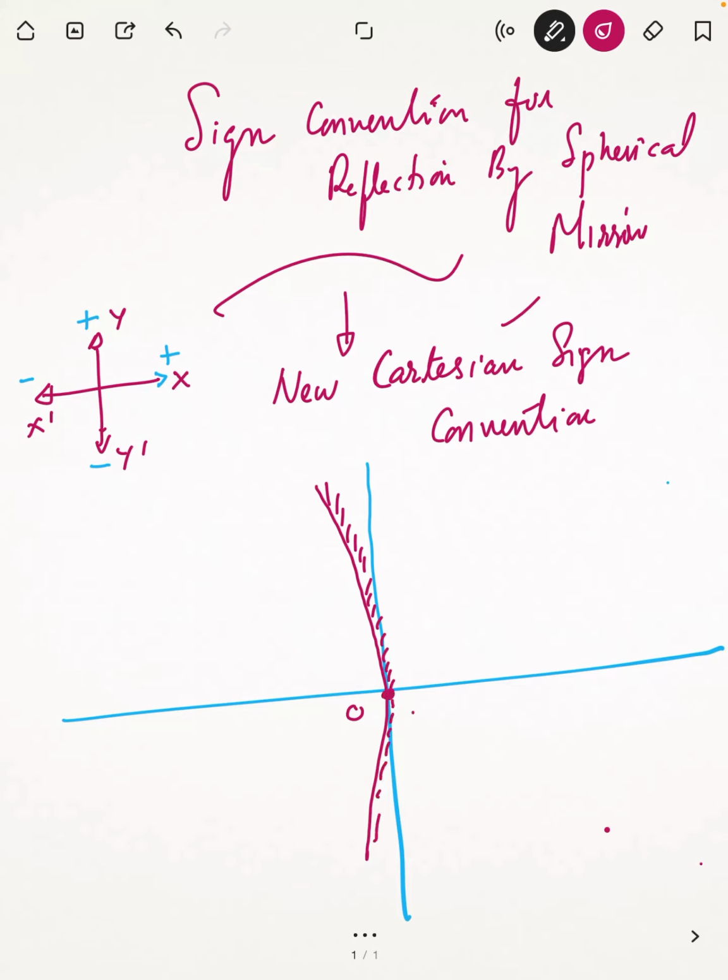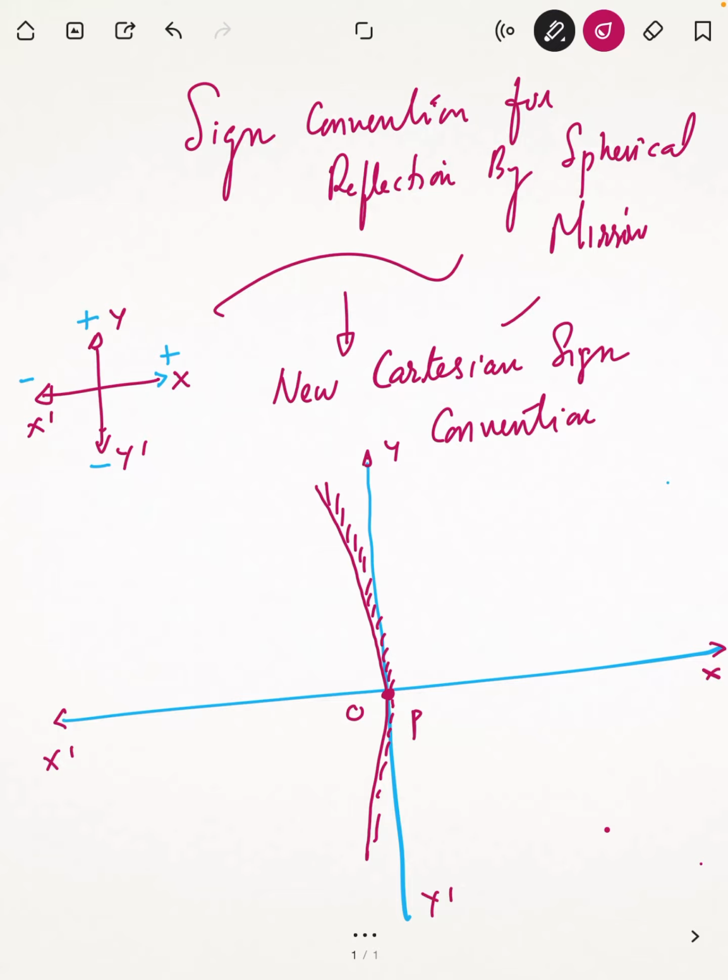This is your x, y, x dash and y dash axis. In the new Cartesian system, we have to place the mirror in such a way that the pole is at the origin. That's the first point: the pole of the mirror is taken as the origin.